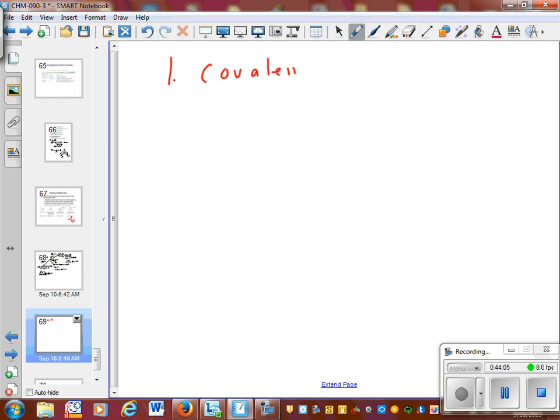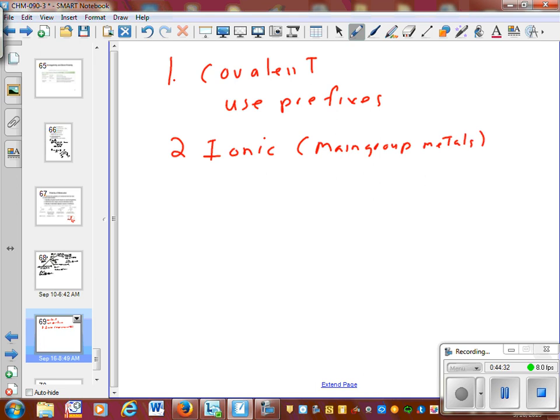If it's ionic, main group metals, it is the cation, which is the metal name, plus the anion stem, plus IDE.